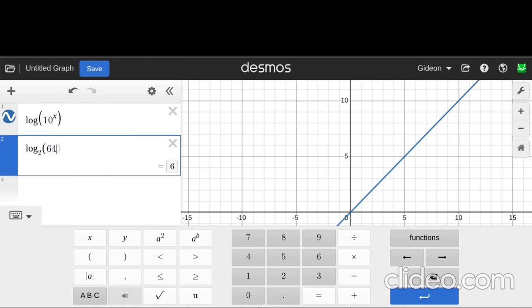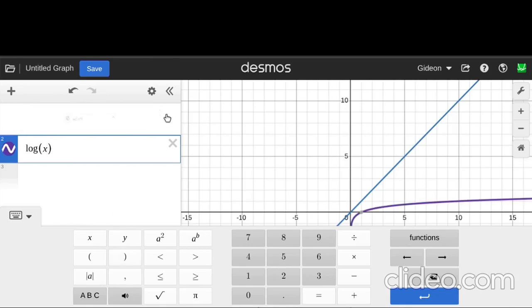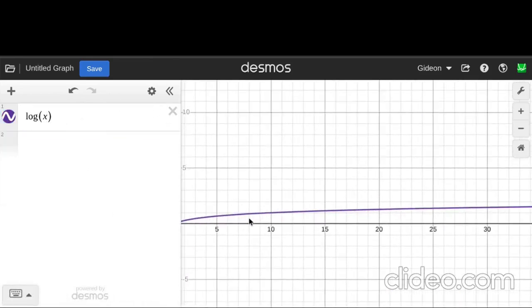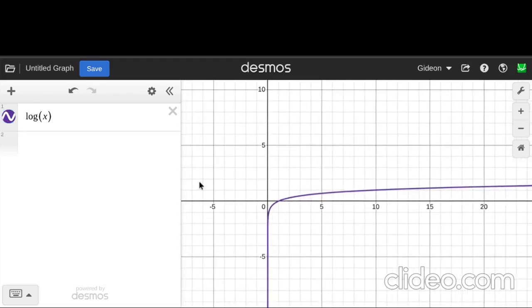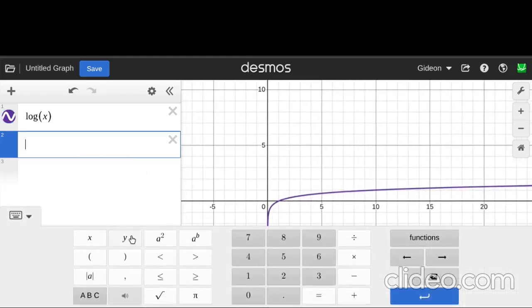So if you haven't seen the video on how graphs look, this is what a log graph looks like. And the reason that it's so slow to grow is because the difference between going from 10 to 100 is 90, while the difference between 100 and 1,000 is 900.